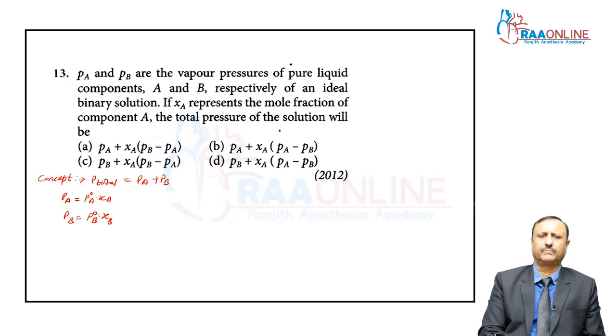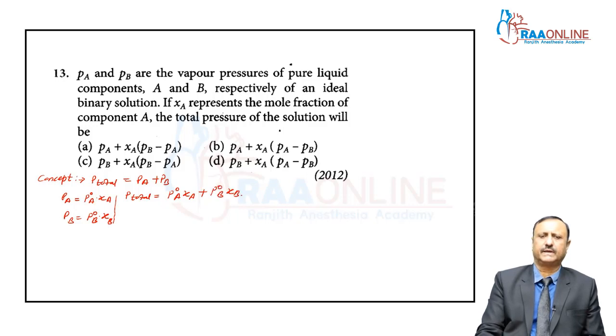Now, when we put the values for the two liquids in this formula, then you can get P0A into XA plus P0B into XB.